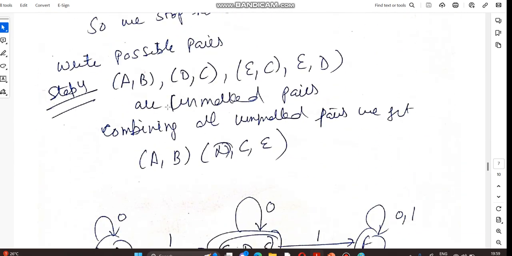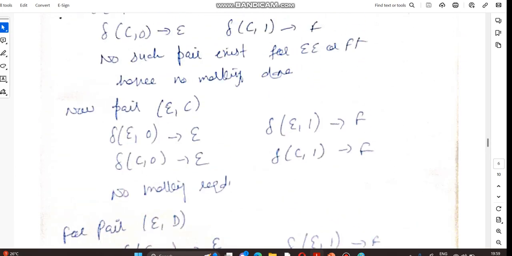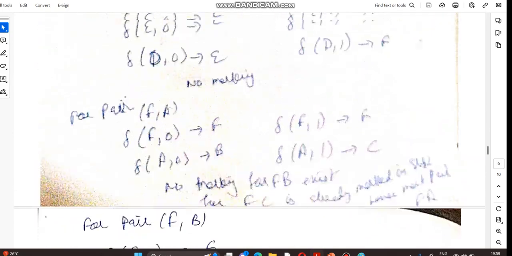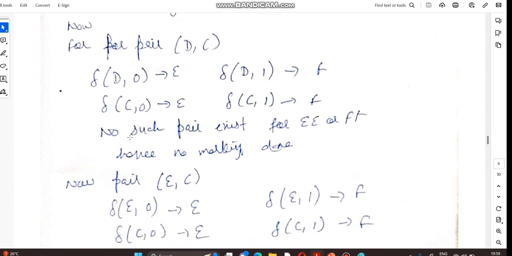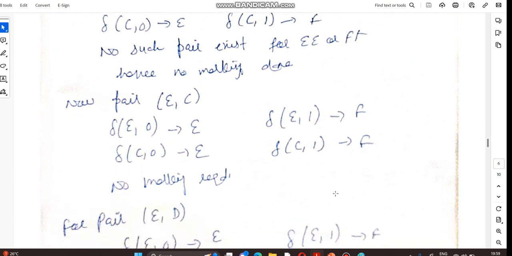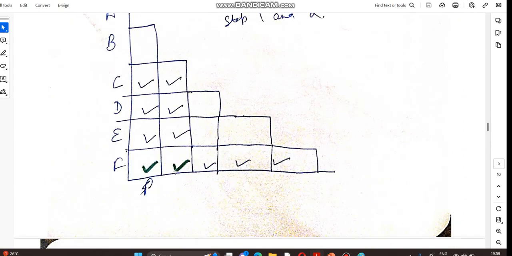Similarly for the next pair, keep checking the pair of E and C: E with 0 is E, C with 0 is E, E with 1 is F, and C with 1 is F. So for this pair no marking is required, because the E and F pair doesn't exist in this table, so we can say not existing.